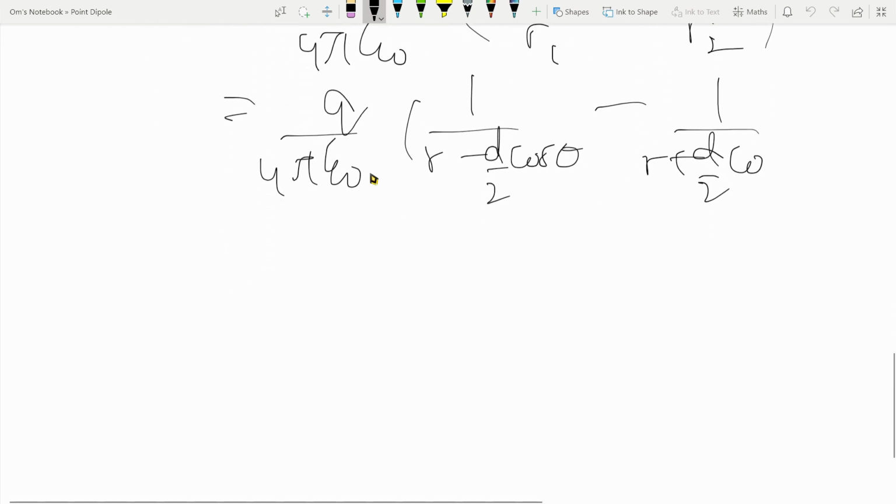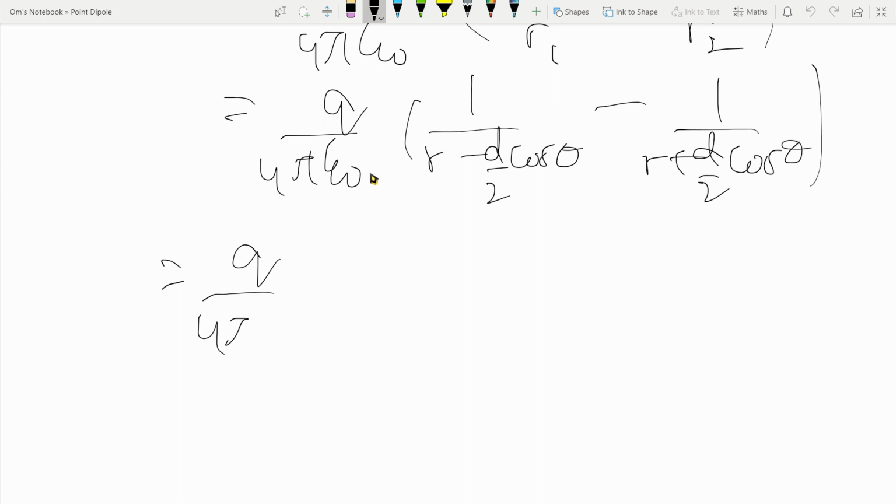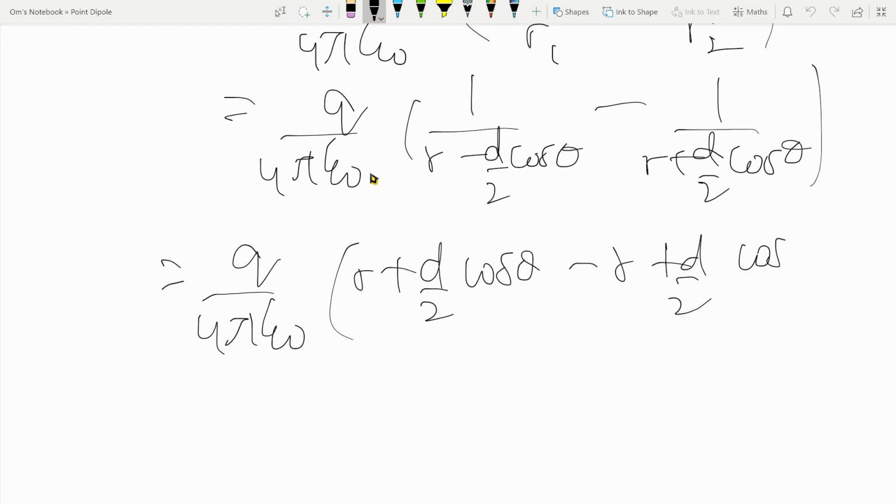And with this, we will now go down and expand this further. We will write Q by 4 pi epsilon naught, and this is R plus d by 2 cos theta minus R plus d by 2 cos theta by R square minus d square by 4 cos square theta.